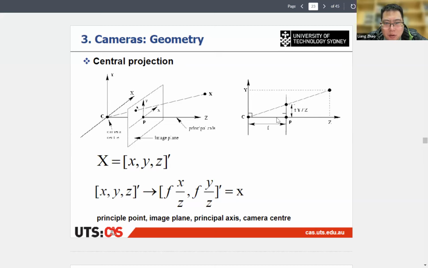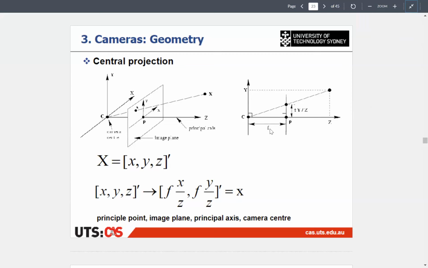Looking at the small one, let's say the Y value is small y, not V at the moment. Small y is something we want to calculate because it's on the image. From C to P, that distance is the focal length F, from camera center to the image plane.